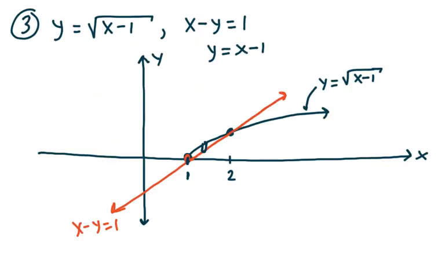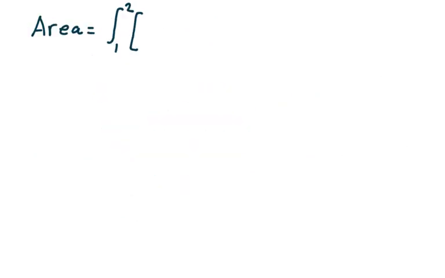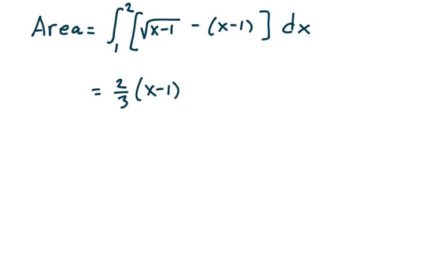I'm going to take the square root of x minus 1 and I'm going to subtract off x minus 1. I'm going to integrate with respect to x. So this is 2/3 of x minus 1 to the 3 halves minus, if you don't mind, I'm going to say 1/2 of x minus 1 to the 2nd. And I'm going to evaluate from 1 to 2.